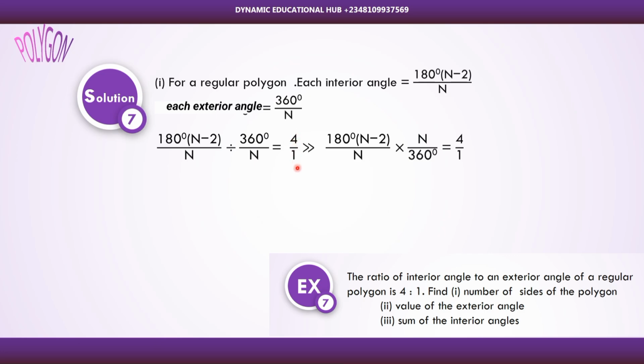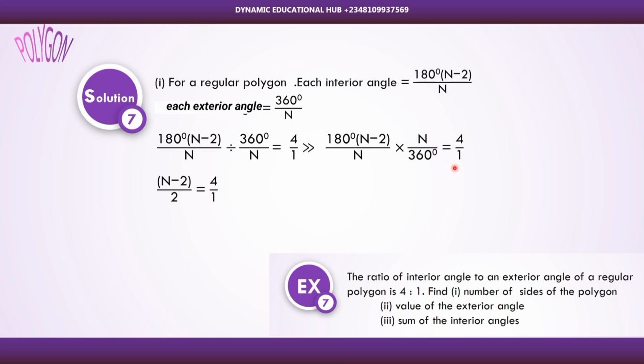Since we are dividing, we can change this to multiplication by finding the inverse of this. Finding the inverse of this, we have 180 degrees n minus 2 over n multiplied by n over 360 degrees, and it equals the ratio 4/1. n here can cancel n. 180 degrees here is 1, and 180 degrees in 360 degrees, that is 2.